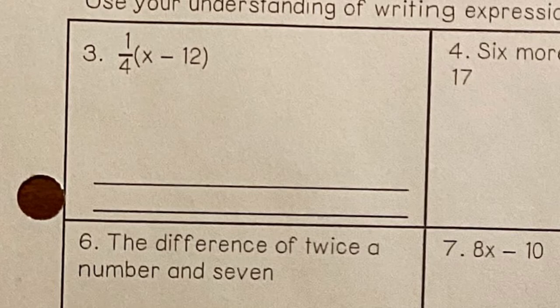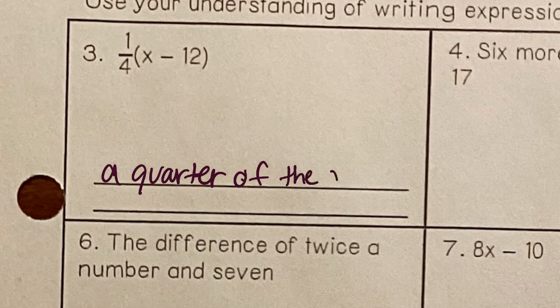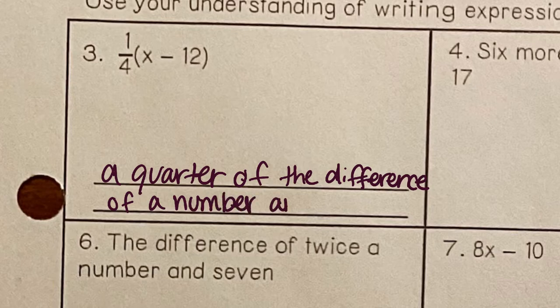So looking at number 3, if I was just to read this left to right, it says a quarter times x minus 12. So you could write a quarter of the difference, because that is another way of saying subtraction, a quarter of the difference of a number and 12.